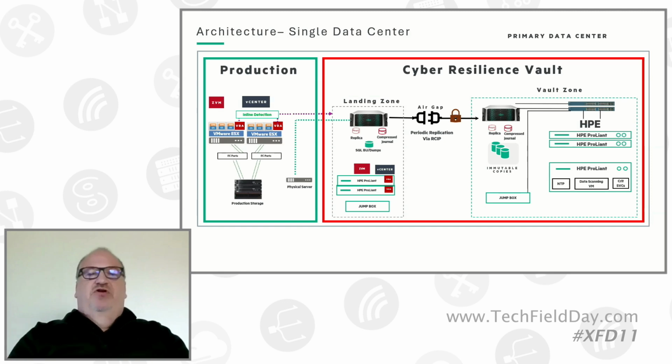Once we make that immutable copy, we are now ready to begin working with the data. And when I say working with the data, at this point, we can stand up the environment in this vault zone. Again, being that it is so isolated, it's a great testing area. You can do tests anytime you want. It gives you a chance to validate your documentation, ongoing training for your staff.